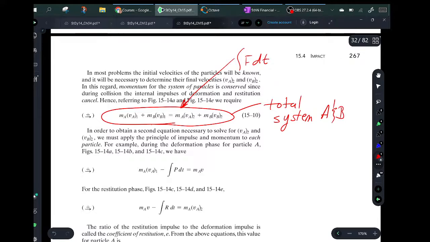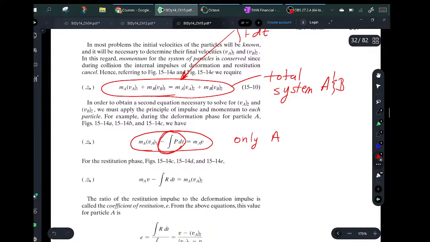Now, let's consider only A. So what you see is that B is producing this. Now, this is for only A deformation, only A restitution. So here you go, and this is the restitution phase.